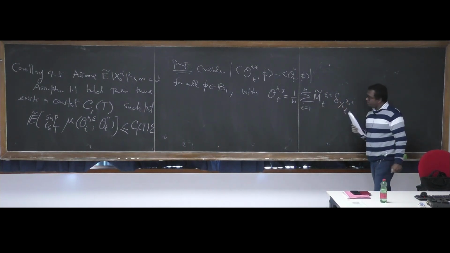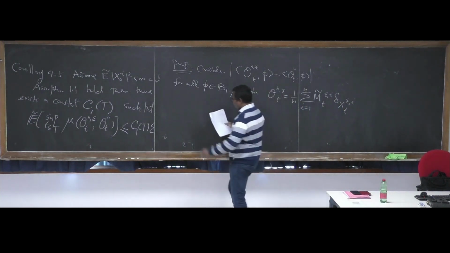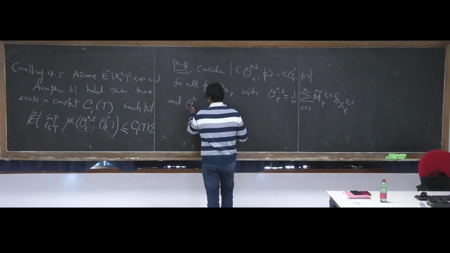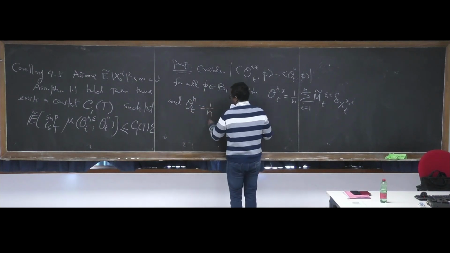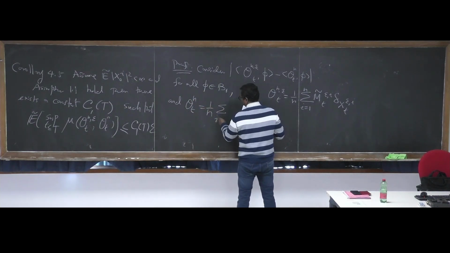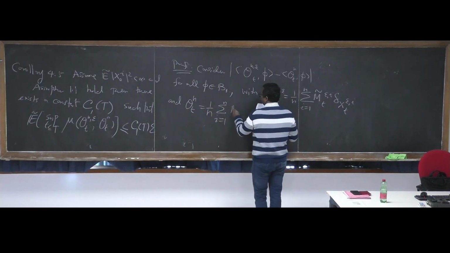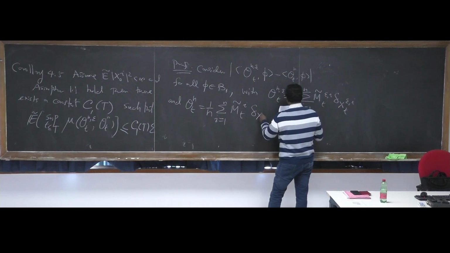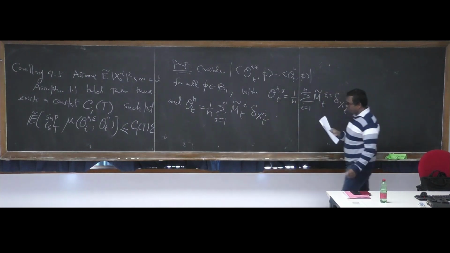So this is the empirical measure associated with the discretized system, and theta n t is 1 over n, i runs from 1 to n, m tilde i t delta x i t.